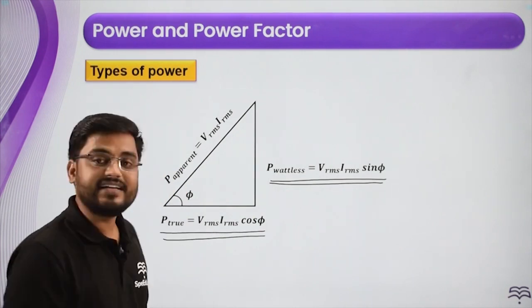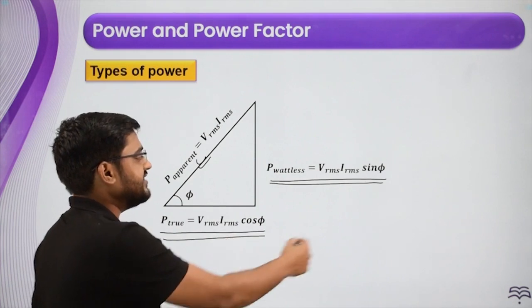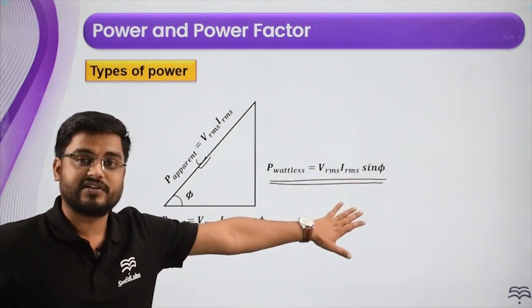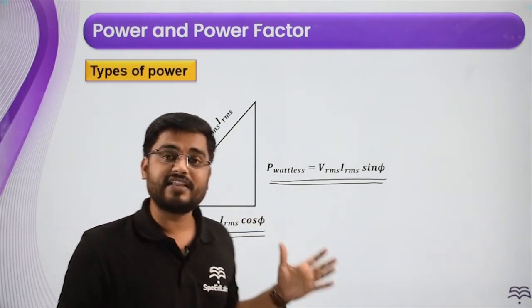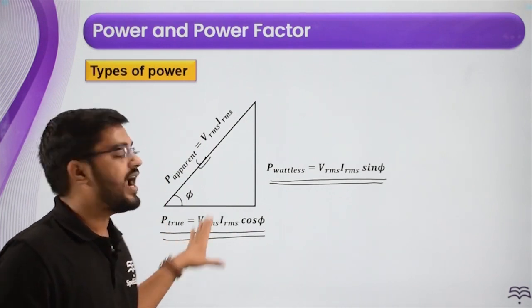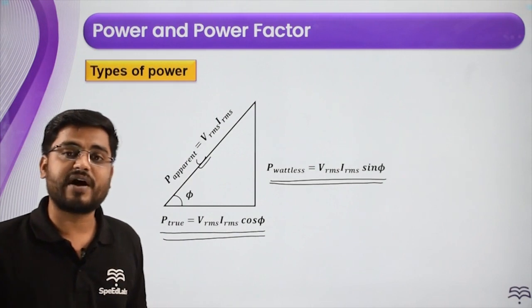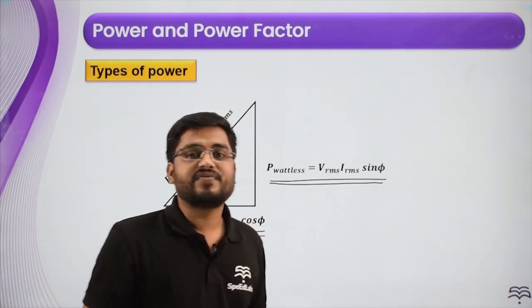So the circuit consumes this much energy, this much is the permanent loss, and this is basically returned back by the circuit. So this is called wattless power. This triangle is an easy method to remember the three types of power: apparent, true, and wattless. Apart from these, there is an instantaneous power, that is the instantaneous value of voltage into the instantaneous value of current.